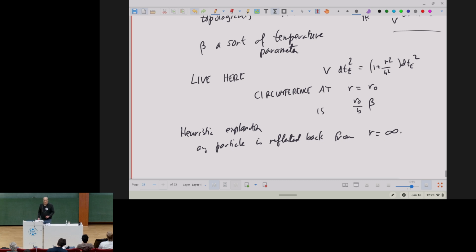You can make math, and those of you who have studied the AdS-CFT correspondence, as suggested by one of the previous questioners, would be familiar with it. You can make math to show this, but heuristically, any particle is reflected back from infinity because the effective temperature is going to 0 there.